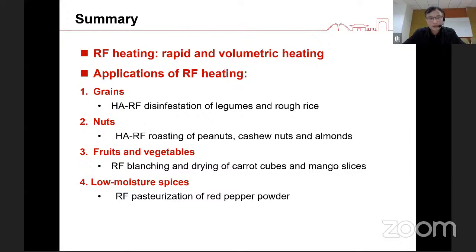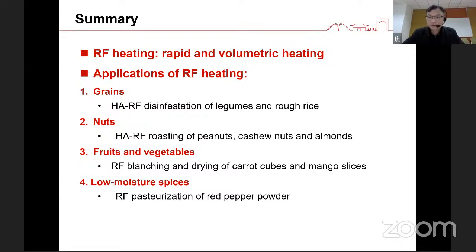And the last one is for low moisture foods, especially low moisture powders. We're using RF heating as a new pasteurization method for low moisture powders to increase treatment efficacy. We found that it can kill spores, but spores are really hard to kill compared with pathogens such as Salmonella.